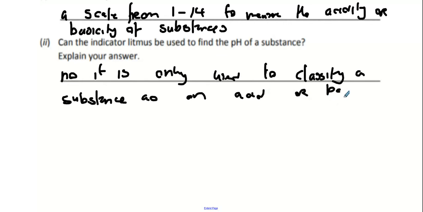So it doesn't tell you how strong an acid or a base is. Also, blue litmus paper turns red in acid or stays blue in base, and red litmus paper stays red in an acid but turns blue in a base. But it doesn't tell you how strong the acid is, so that's why it can't do it.